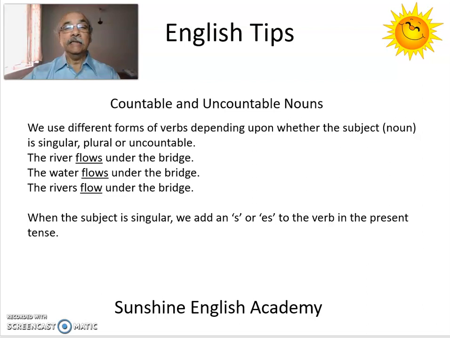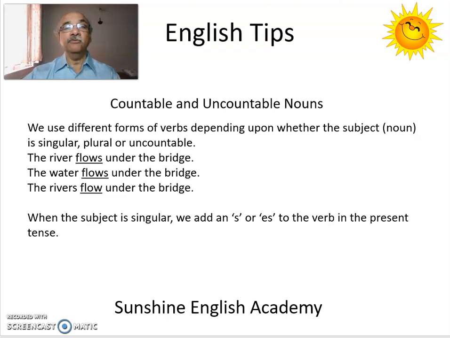Now, the river, this is a singular noun, and the water, this is an uncountable noun. For both, we have used the same form of the verb, that is, flows. And in the next sentence, the rivers flow under the bridge.